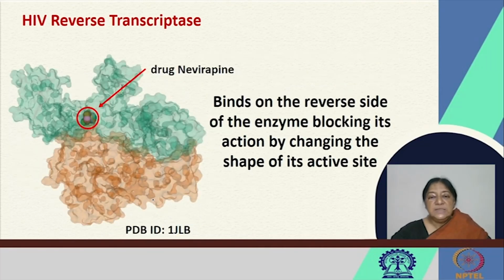This means that we can develop drugs that can block the enzyme from working, either the polymerase activity or the nuclease activity. This particular drug binds on the reverse side of the enzyme and it blocks its action by changing the shape of the active site so that it can no longer bind the substrate.